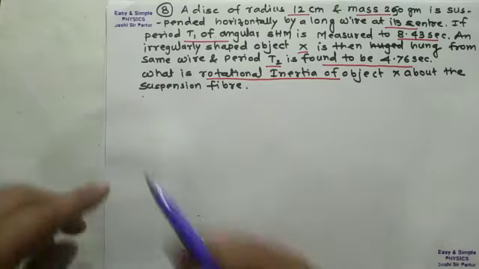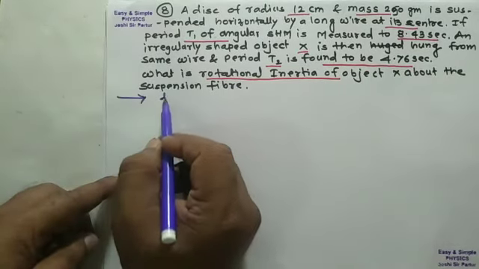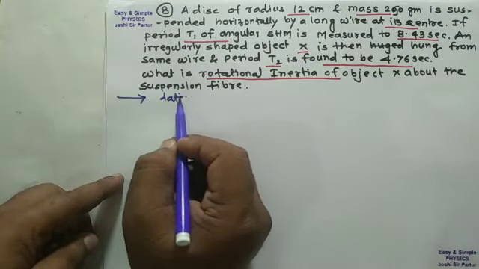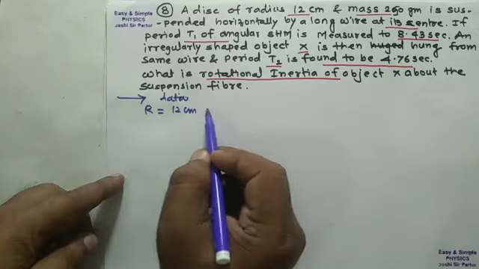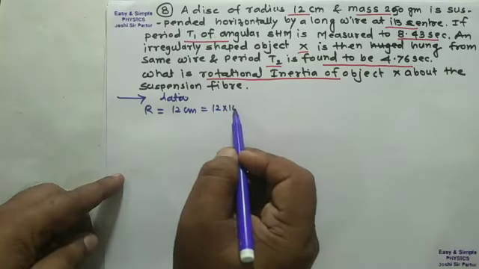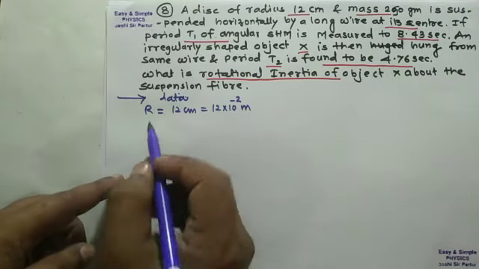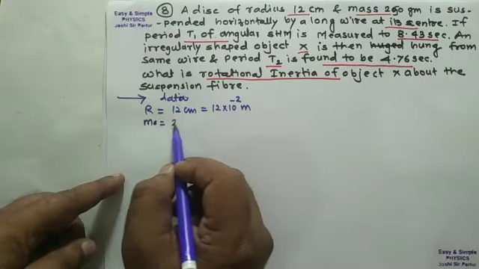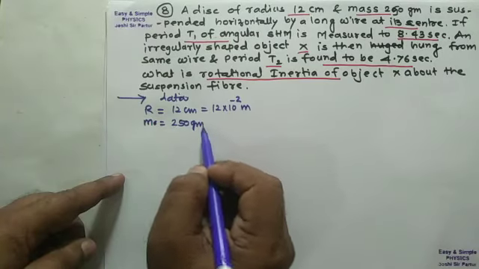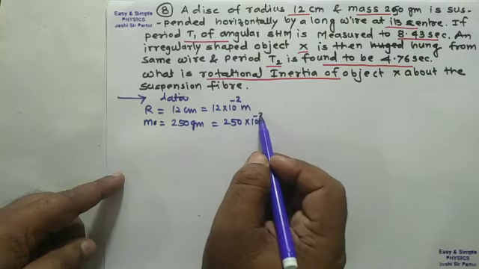Here data is written. Radius is given: capital R is equal to 12 centimeter, 12 into 10 to the power minus 2 meter. Mass is given, is equal to 250 gram, will be 250 into 10 to the power minus 3.